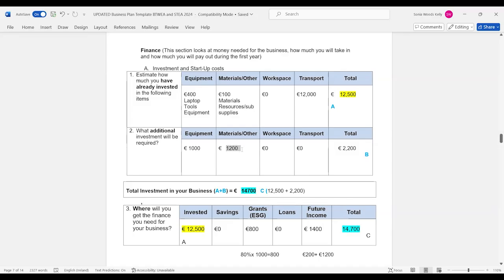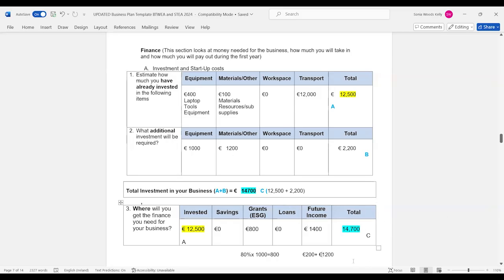The 1,200 that I plan to spend on material and supplies, my intention is to also finance that out of future income. So the total amount that I plan to finance out of future income is the 200 euros for the equipment and the 1,200 euros for materials and supplies.